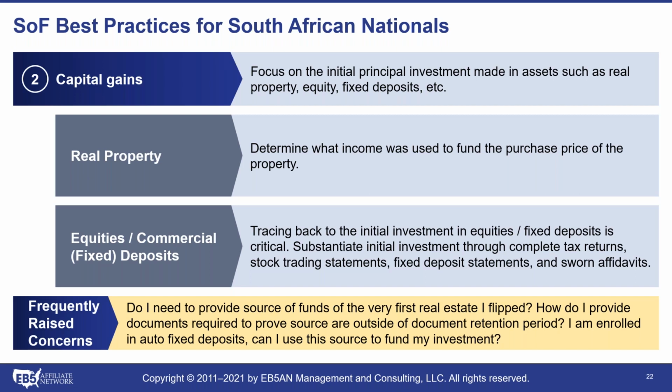South Africans love property ownership. So you tend to find our high net worth individuals will have substantial property portfolios. And certainly a lot of our funding comes through the sale of property portfolios. So property certainly is a very popular mechanism.